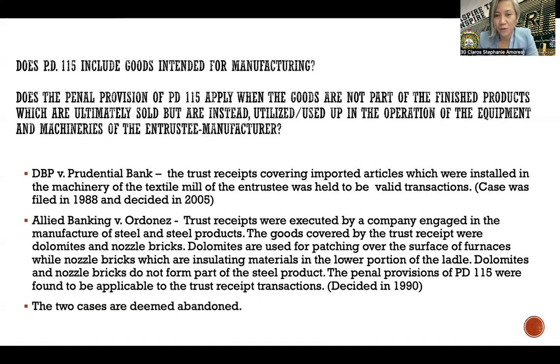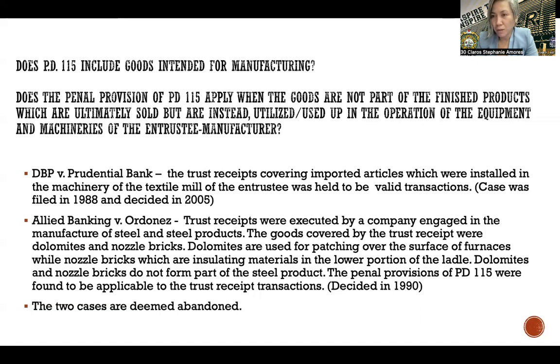So the goods covered by trust receipts were dolomites and nozzle bricks. And this dolomite were used for patching over the surface of furnaces, while nozzle bricks, which are insulating materials in the lower portion of the ladle. So part of the machinery in that steel plant.